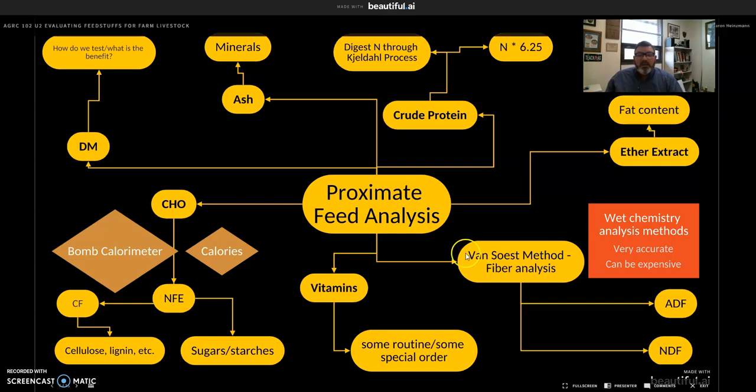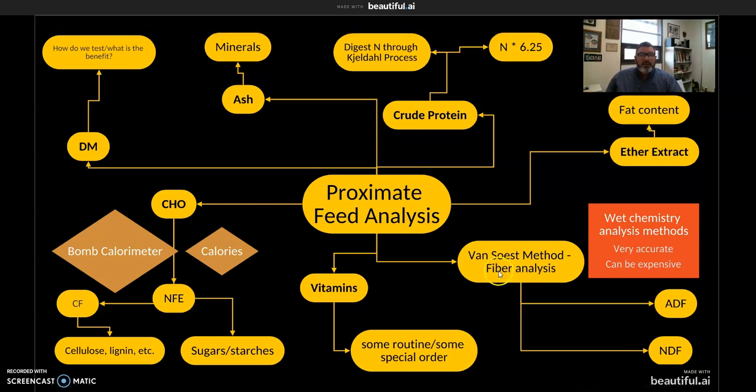Then the Van Soest method is your fiber analysis, and there are a number of different steps that we go through to do the Van Soest method, but essentially what we're coming down to is ADF and NDF fractions. ADF is acid detergent fiber, and essentially indicates the quality and the digestibility of the fiber that is present in that feedstuff.